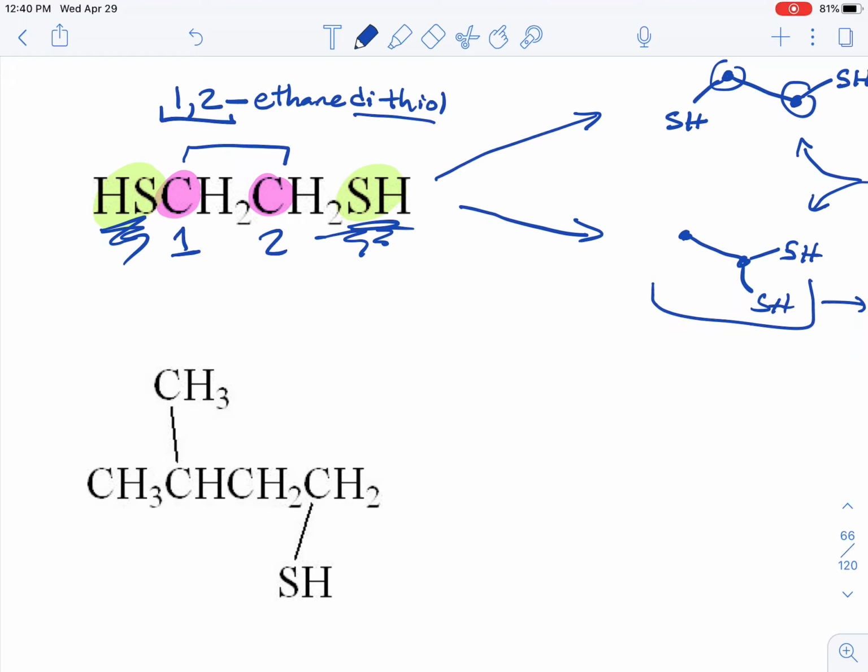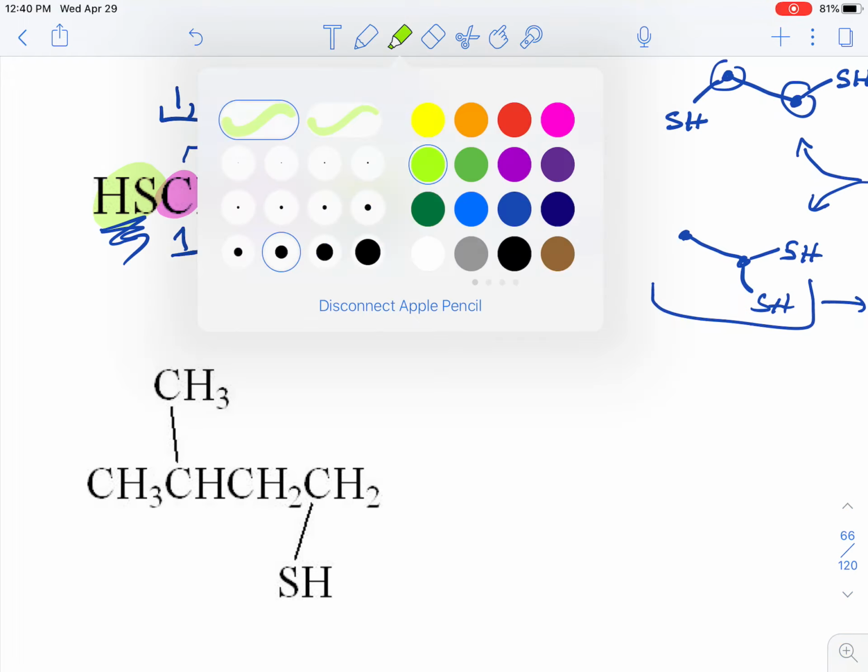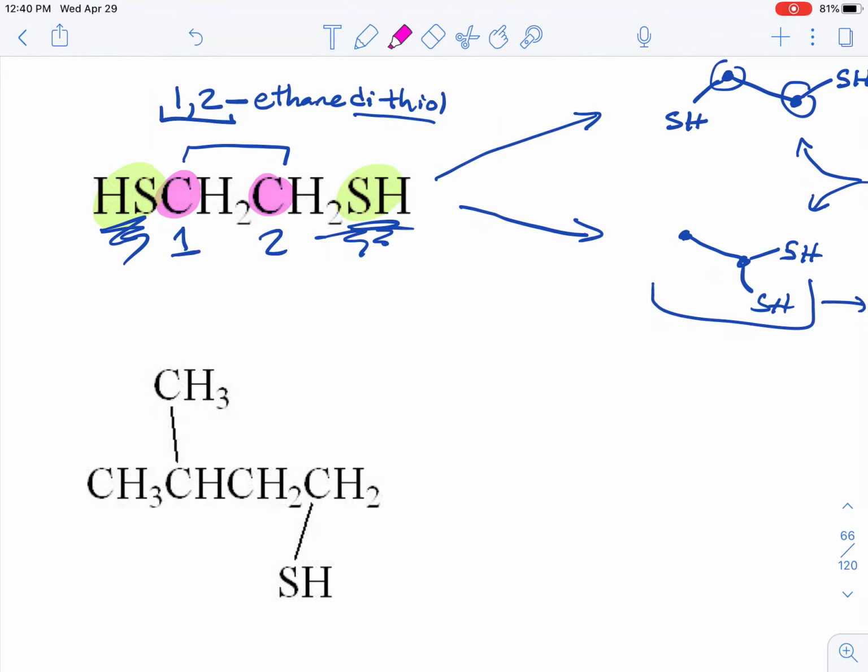All right. So let's go ahead and look at another example here. If we have a 4-carbon compound, then we would use butane, since it's a single bond between those 4 carbons. So we will have butane, and we're going to communicate to the reader that we have a sulfhydryl group by adding the word thiol at the very end.